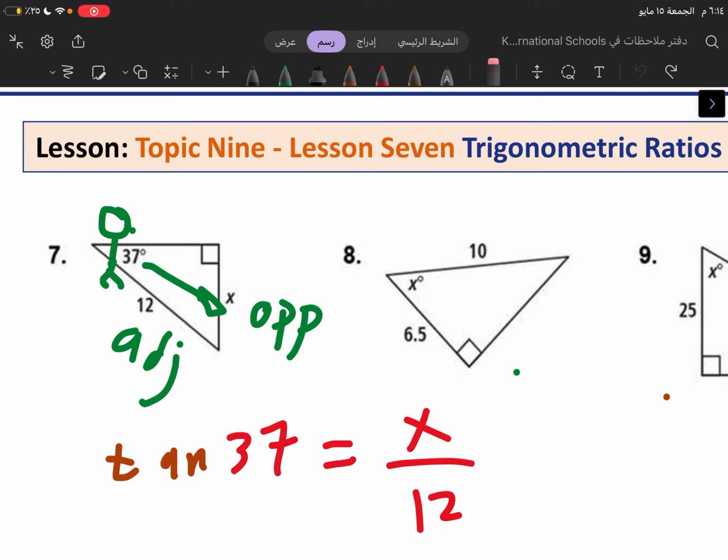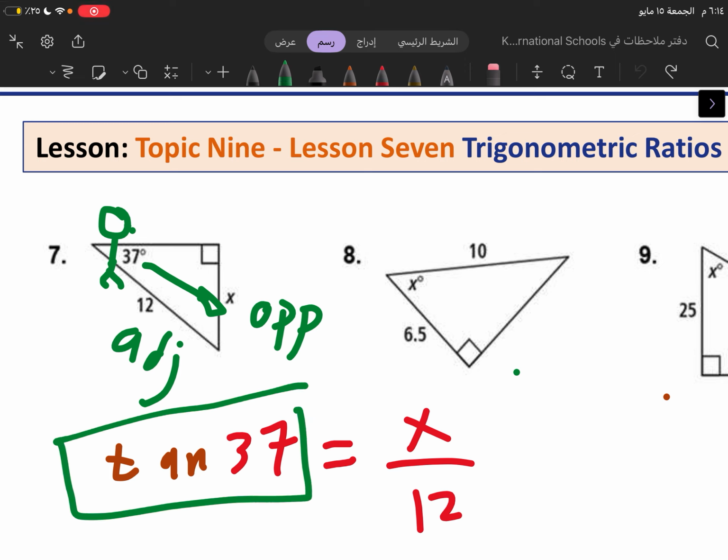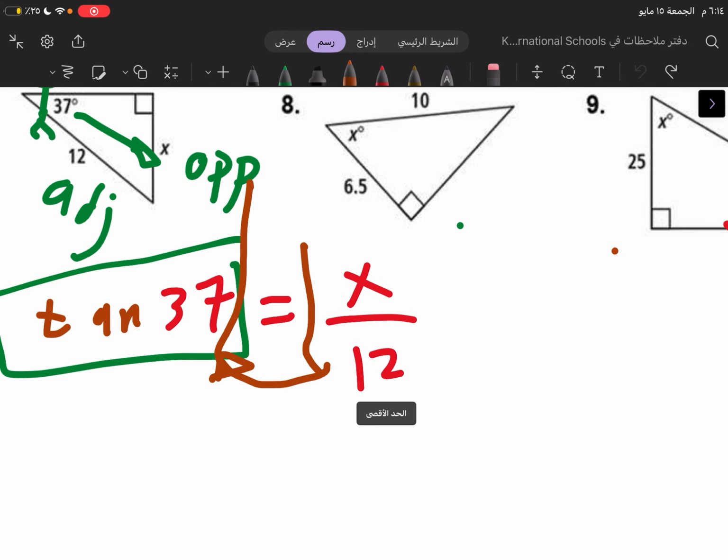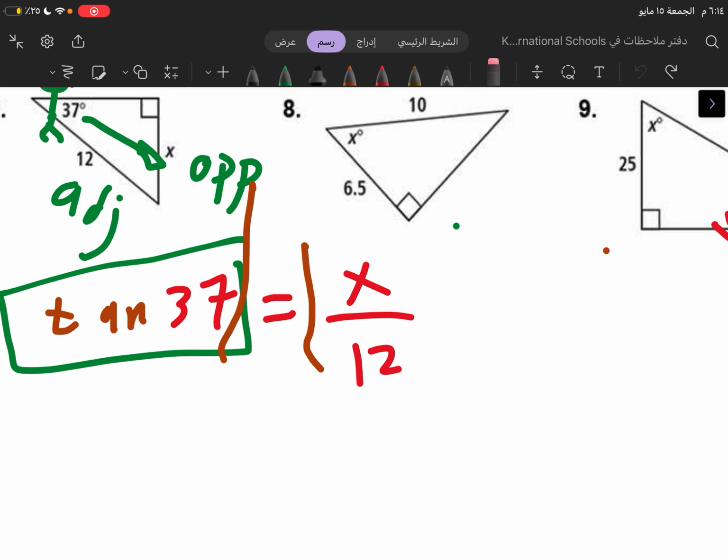See how, if he asks me about the side and the given is one angle and one side, see how I write? I do this on my calculator, then I multiply it by 12. Or I write on my calculator, see what I will write.